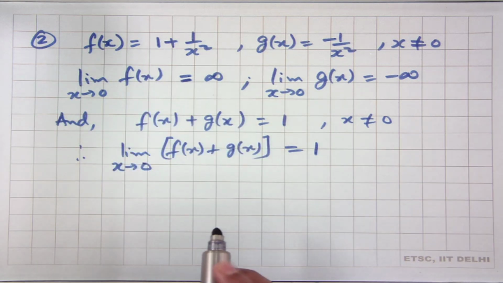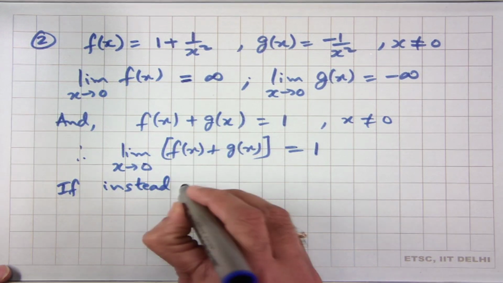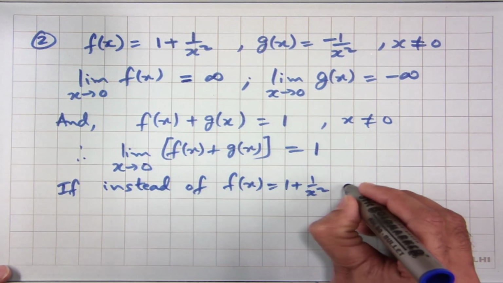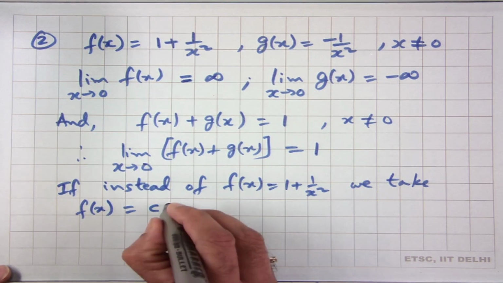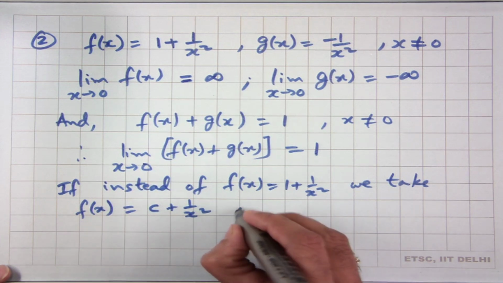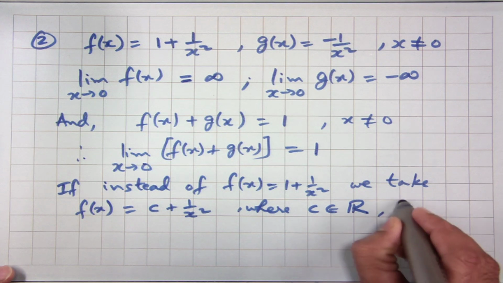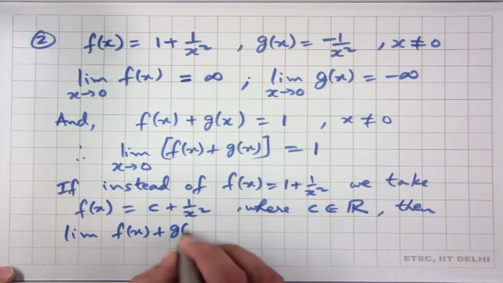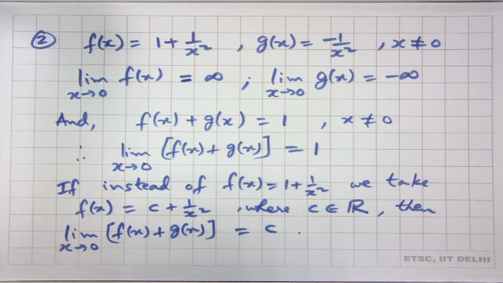If I change this 1 to any real number, so instead of taking f(x) to be equal to 1 plus 1 by x square, we take f(x) equal to some constant c plus 1 by x square, where c is any real number, positive, negative or 0, then the limit of f(x) plus g(x) is equal to c here.